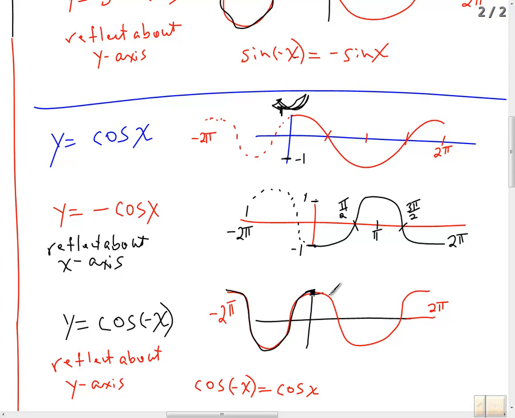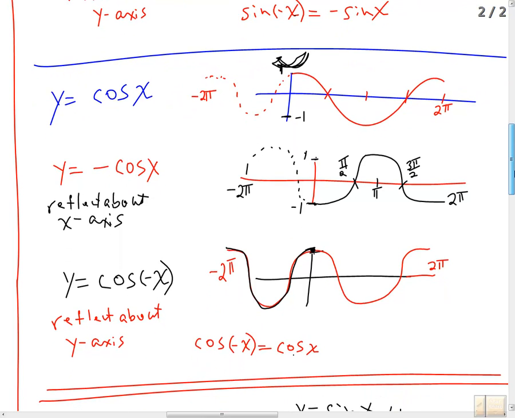But when it does that, then you have to go the other way as well. And you can see that this looks just like the parent graph. So with the even-odd identities, we can see that cosine of a negative x is equivalent to cosine x. So we can see graphically why, for the even-odd identities, when cosine is a negative x, that equals a positive cosine x.